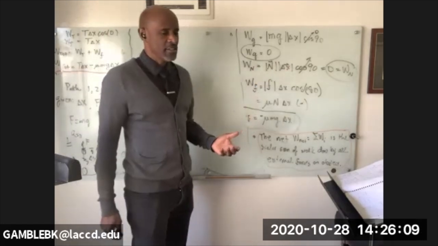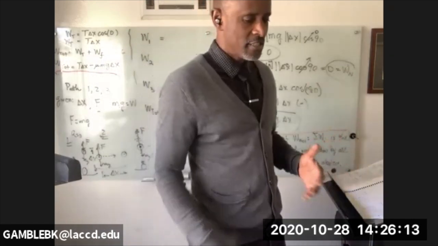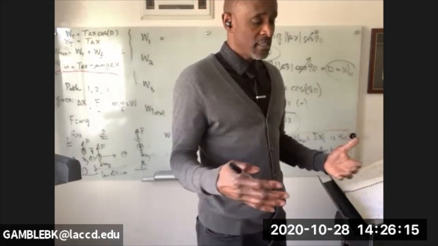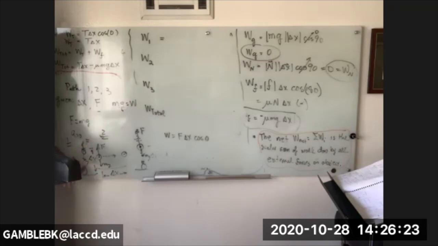I'm not necessarily saying that delta x is along the x-axis or the y-axis. In the case of the first one, I called it delta x, but it's vertical. So delta x is not necessarily in the horizontal direction. It's just the path length that the object is moving, and in this case, that happens to be vertical.